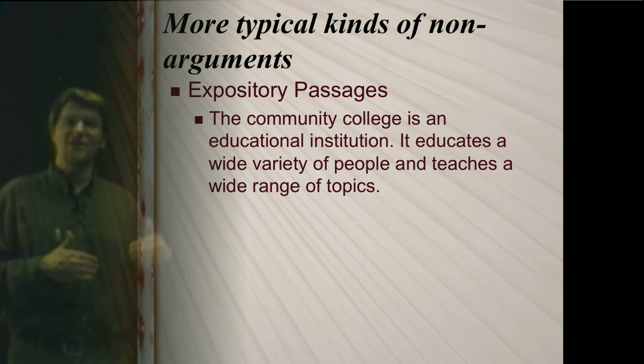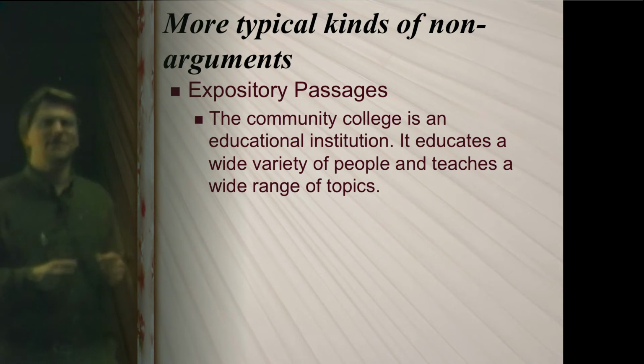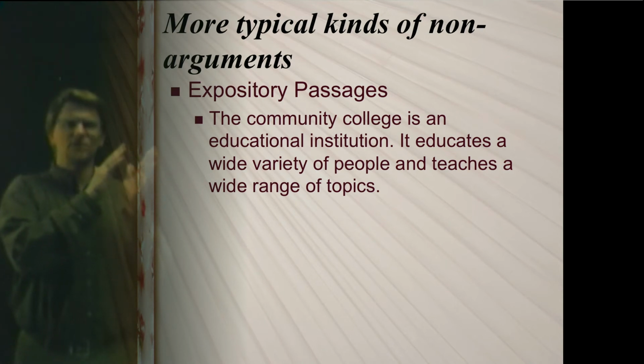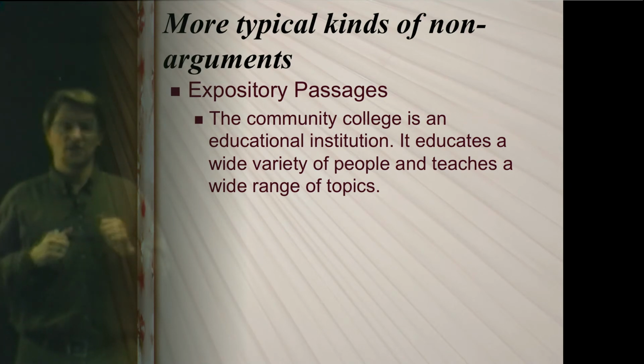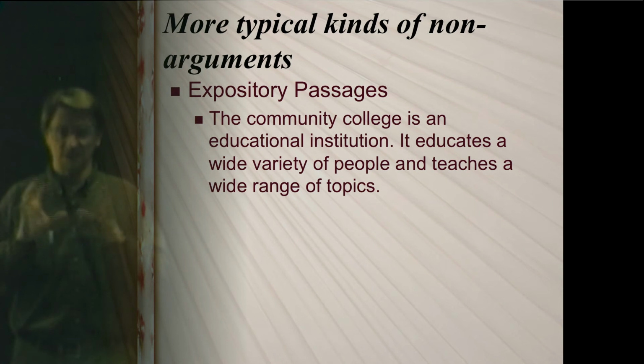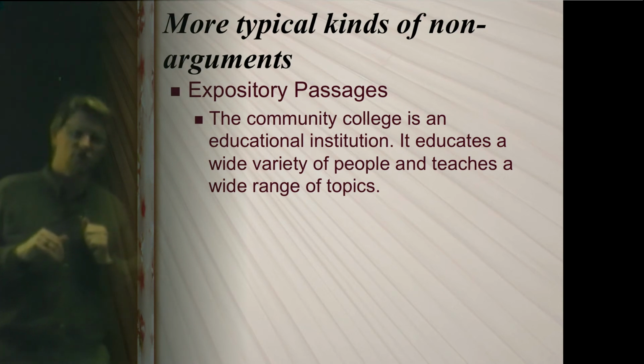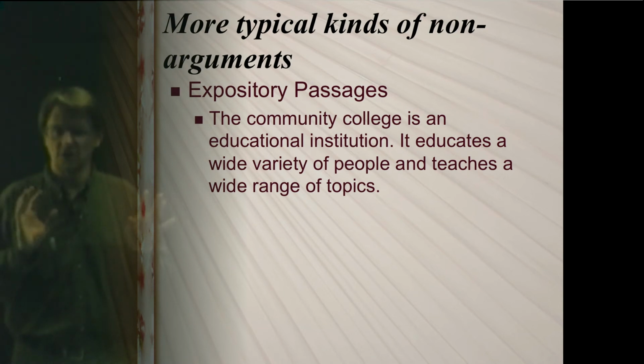Well, of course, at that point, I am arguing with them. I'm trying to prove they're wrong. But the idea that somebody would suggest that community colleges are not educational institutions is outlandish, right? And it's certainly not something I would presume anybody in this class would believe. And so given that context, that we all know that community colleges are educational institutions, this certainly is not trying to prove anything, and it's therefore not an argument.